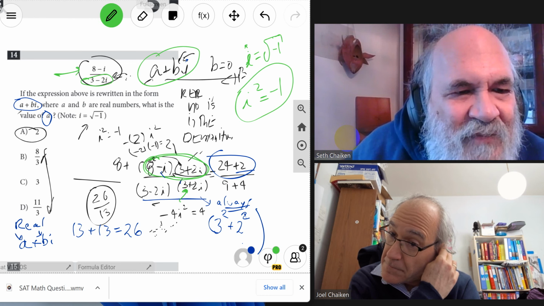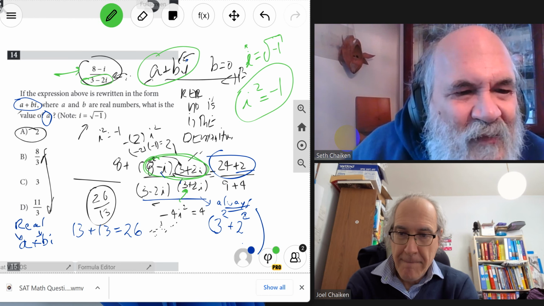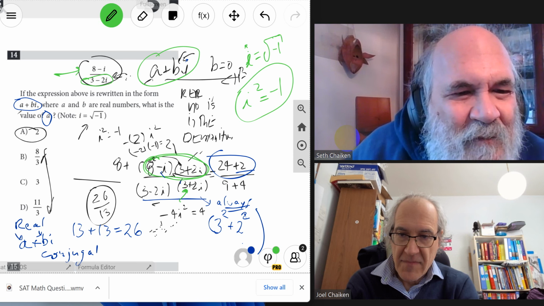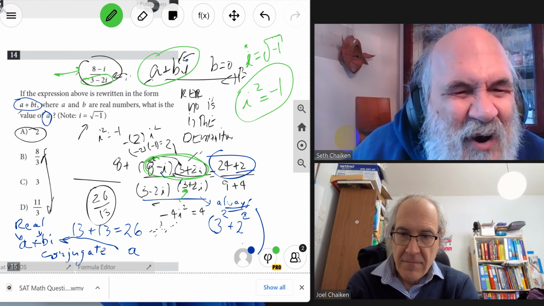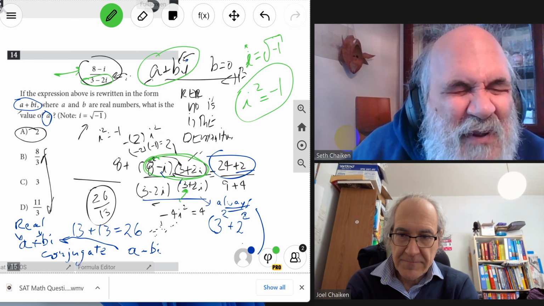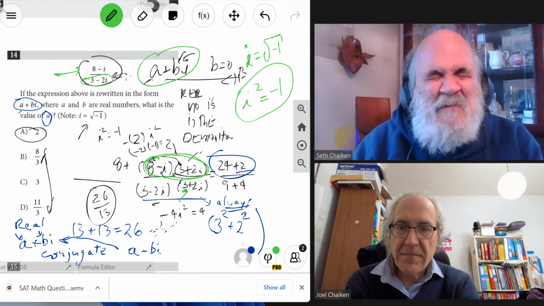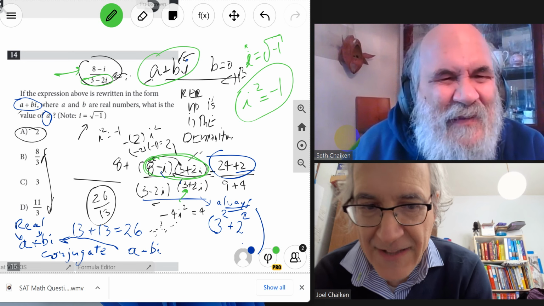The conjugate of that is the same real part with the imaginary part changed in sign. So if the number is given as a plus bi, the conjugate is a minus bi. And that way, when you FOIL out, the middle terms cancel.